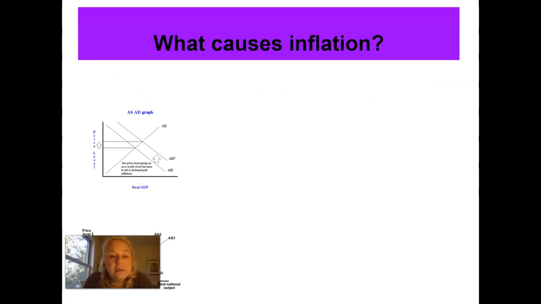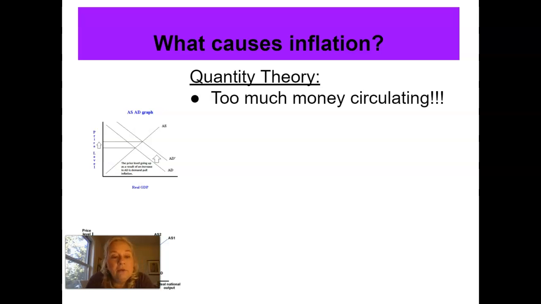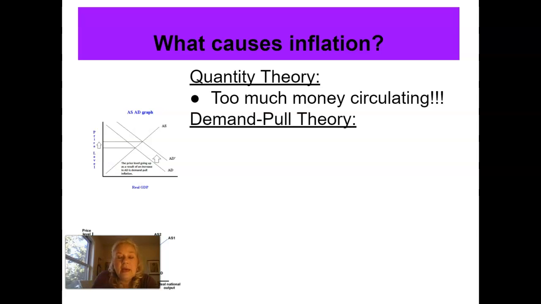So what causes inflation? Quantity theory. In quantity theory, that's what I just talked about. You have too much money circulating. And that is going to just lead to overdemand and lack of supply. Then there's something called the demand pull theory. So if we look at this graph, we can see that this is called AD, or aggregate demand. That whole market basket, we want more of it.